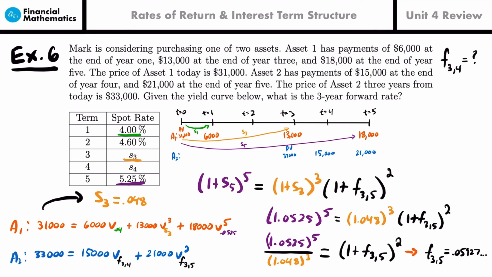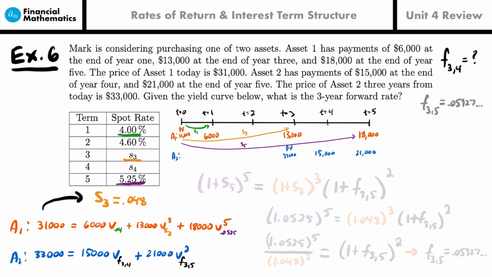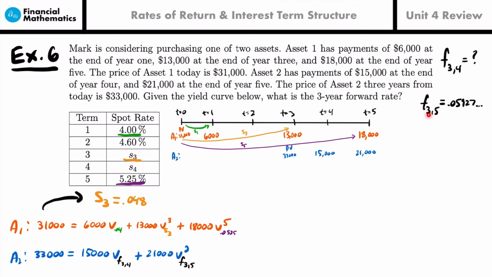Okay, so now let's work on that next. I put our forward rate up here that we just found. If we work with this equation here for asset 2, we will have 33,000 is equal to 15,000 divided by 1 plus this interest rate, right? This present value factor would be 1 divided by 1 plus this forward rate.